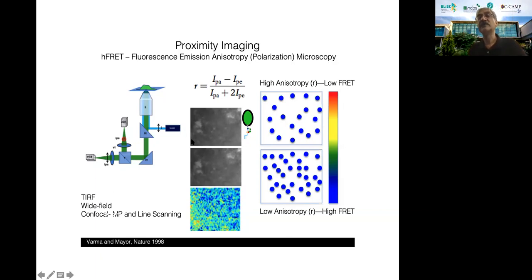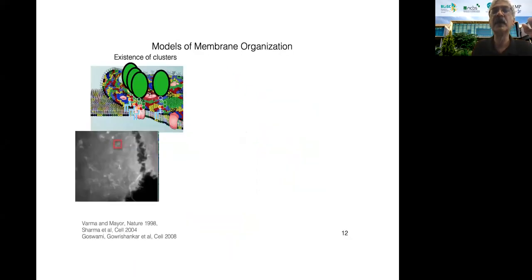This kind of fluorescence polarization imaging can be implemented in a wide range of microscopes: in TIRF, total internal reflection microscopy that you've heard about, in wide field microscopy, in confocal microscopy, in multiphoton microscopy, in line scanning, and many others. So it's very versatile. You can measure this kind of FRET in all these different sorts of microscopies.